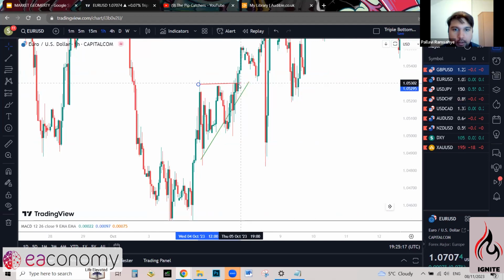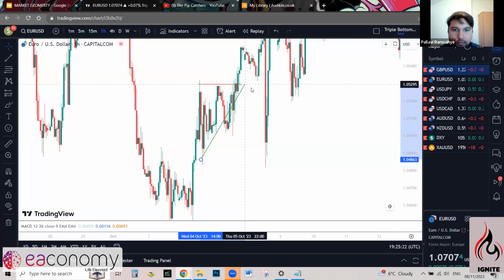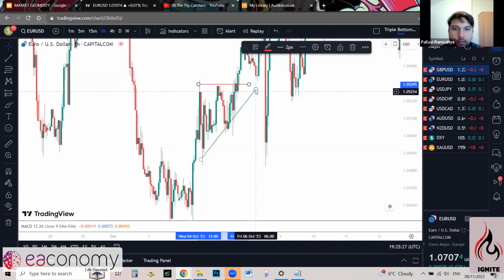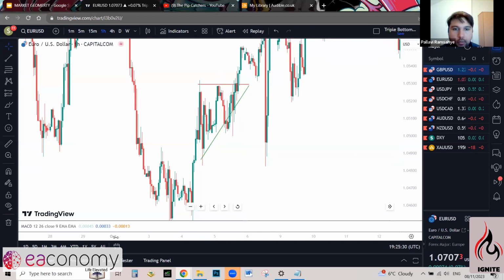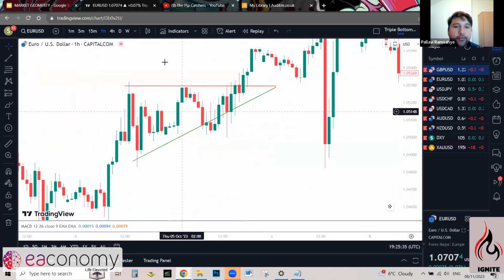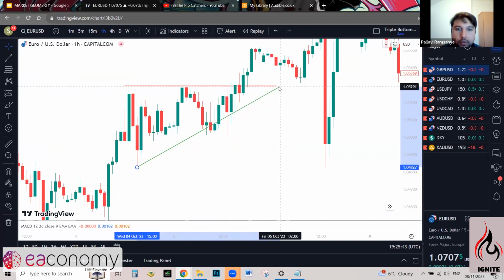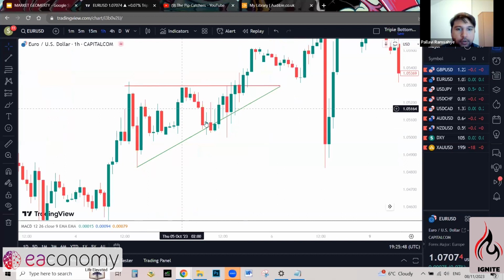Okay. So for this pattern, the reason this one is slightly different is because we do have the lines meeting at the apex. So if I just bring that up there, we do have it meeting at the apex. We do have the touch points as well. And then we do have the breakout and the retest right there as well.